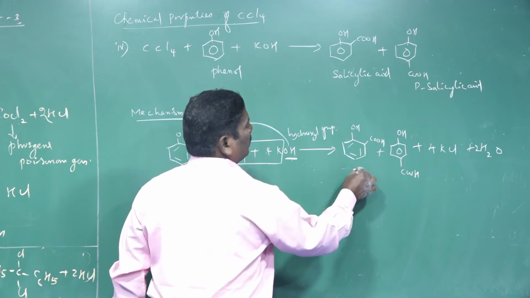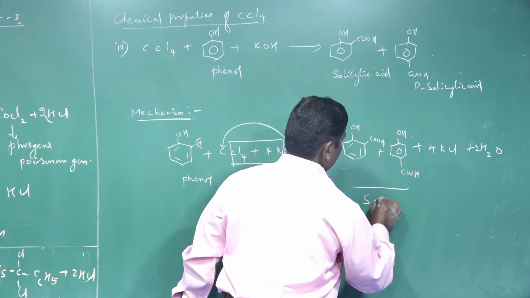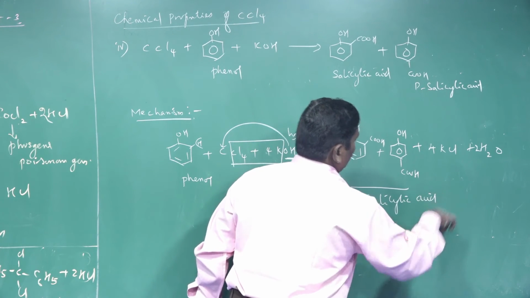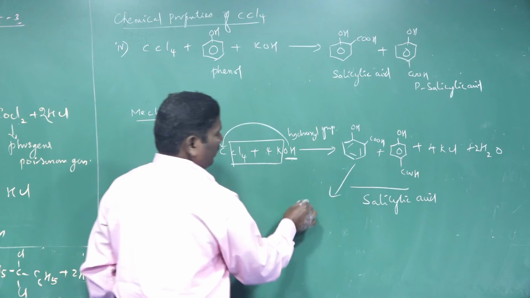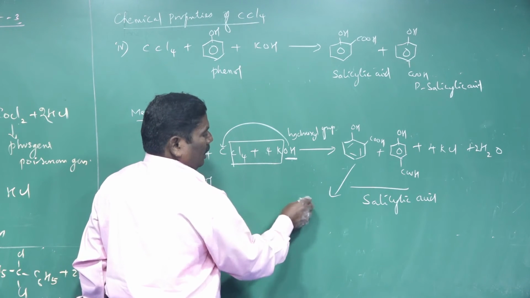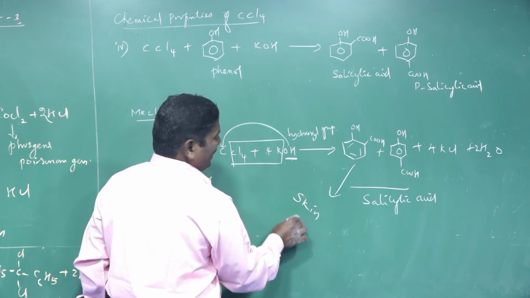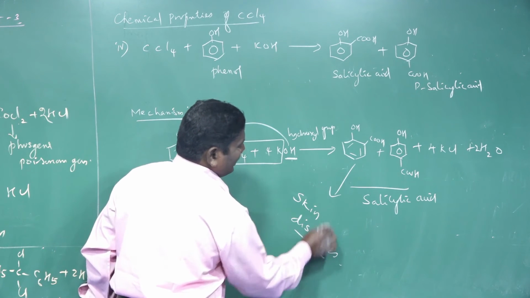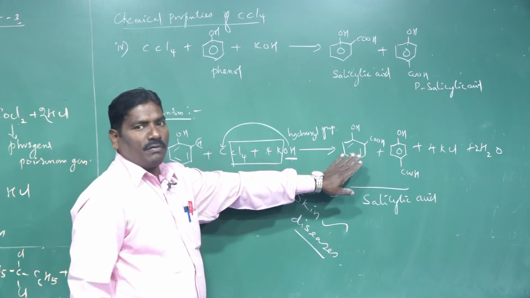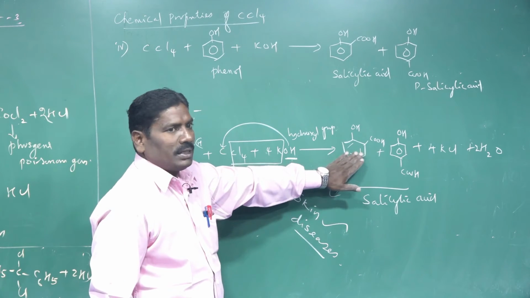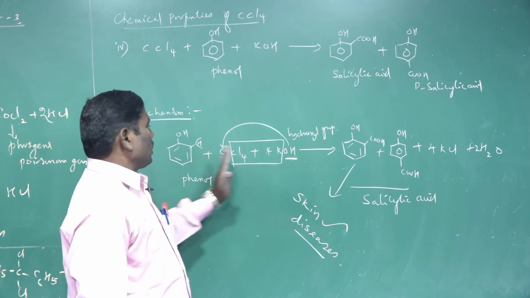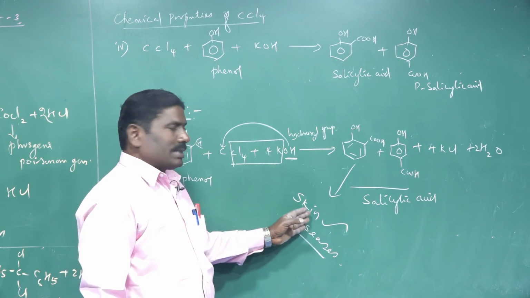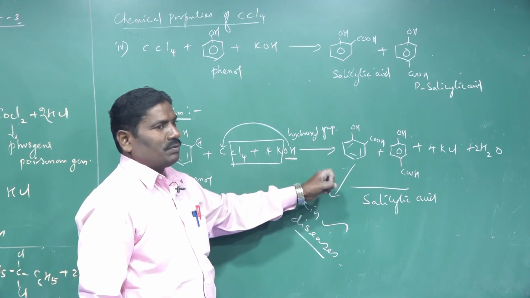All of this is called salicylic acid. This is very important, used in the case of skin disease. What is the purpose of preparing this compound using carbon tetrachloride? It is very essential for skin diseases. Salicylic acid is very much important.